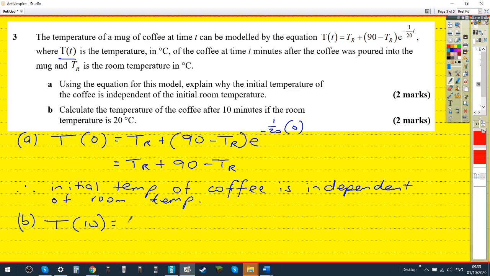And so is that going to be TR... what is TR? 20. Yeah. Plus 90 minus 20 times e to the power of minus 1 over 20 times 10.